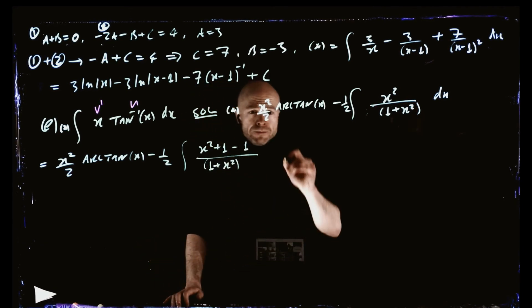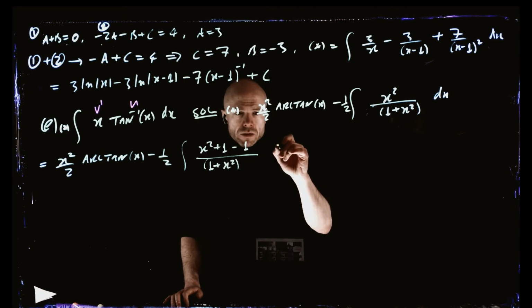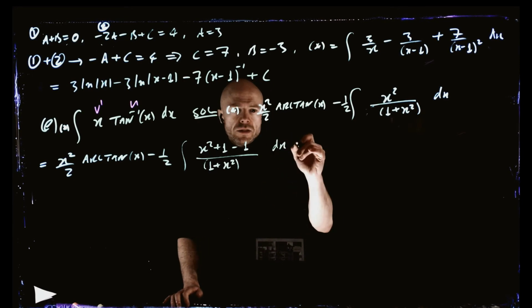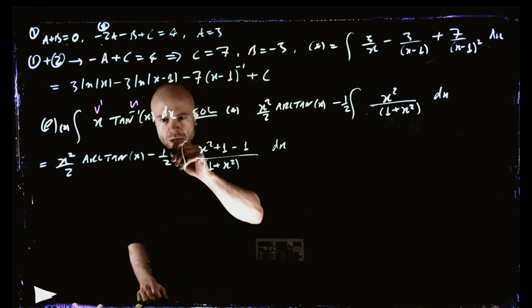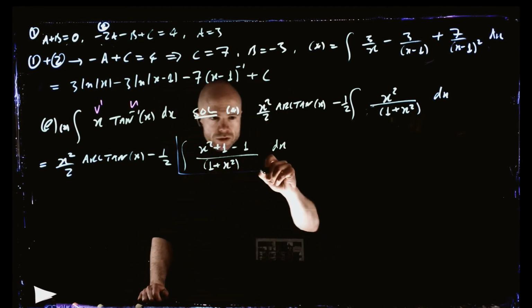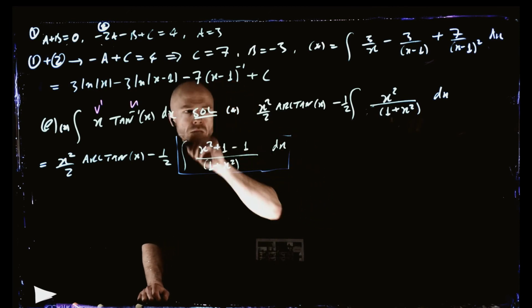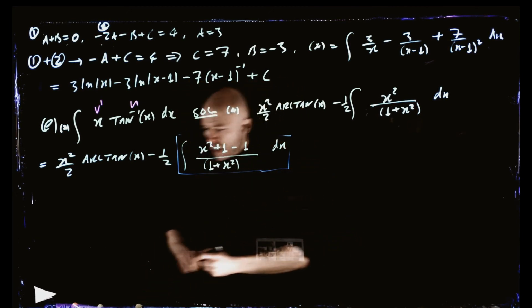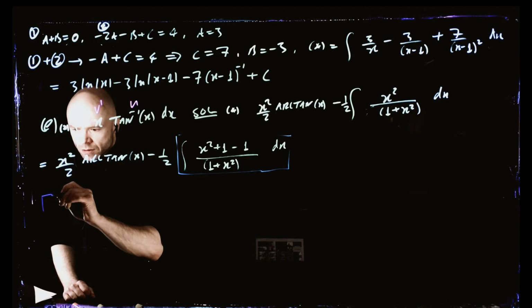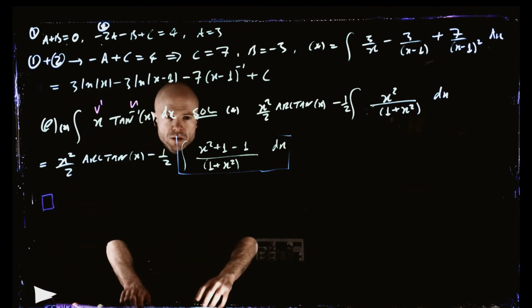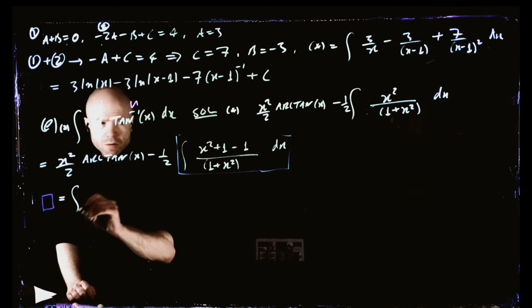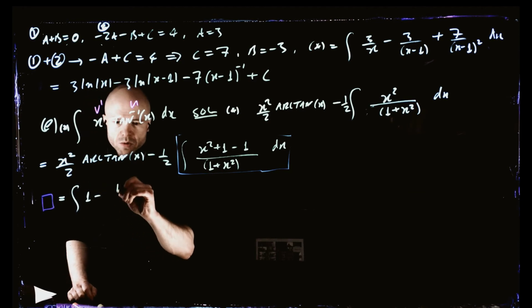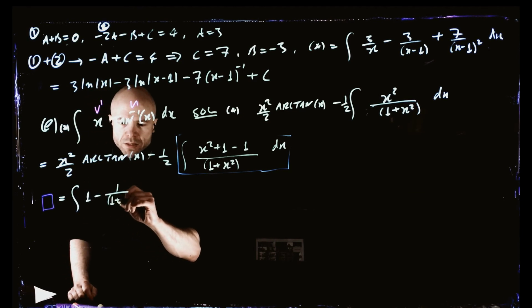And if we do that, then let's not rewrite more than we need. Let's put this guy in a box. The stuff in the blue box, put it down here. The blue box becomes the integral of just 1 minus 1 over 1 plus x squared.